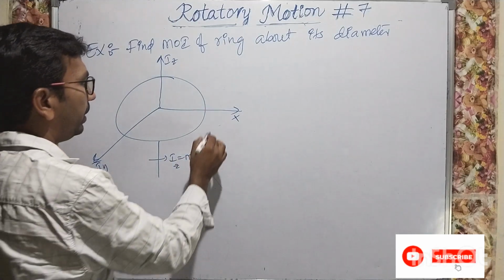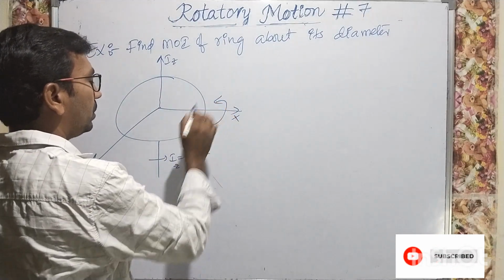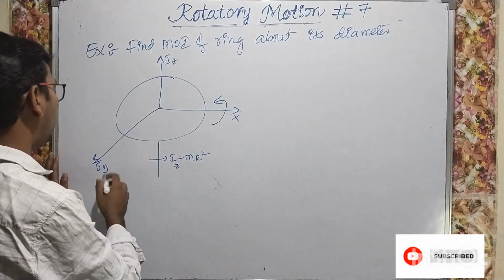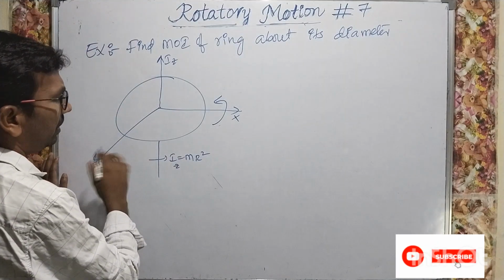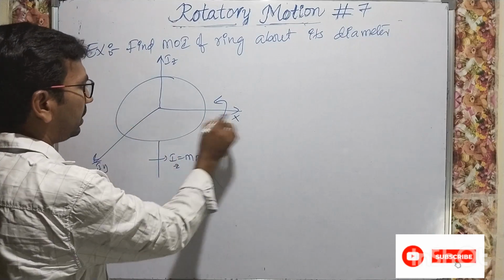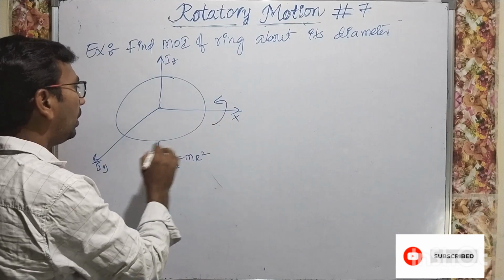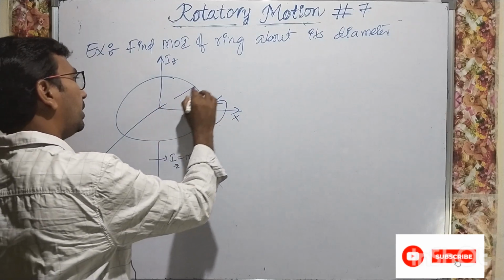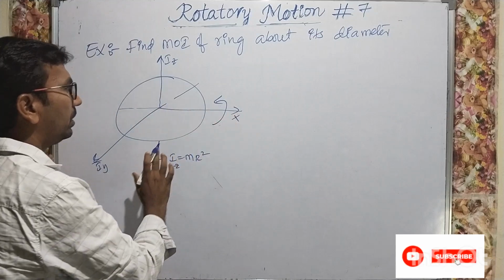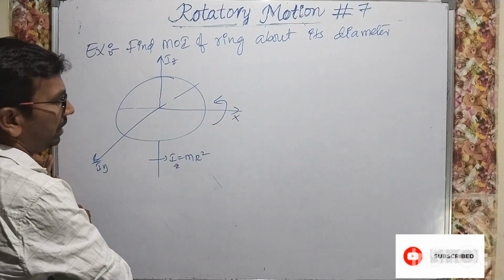So you can find the moment of inertia based on the x-axis, or otherwise based on the y-axis. Both are the same. The x-axis passes along the diameter and the y-axis passes along the diameter.